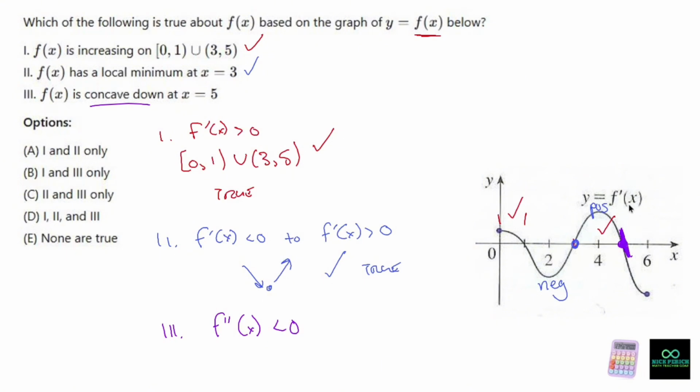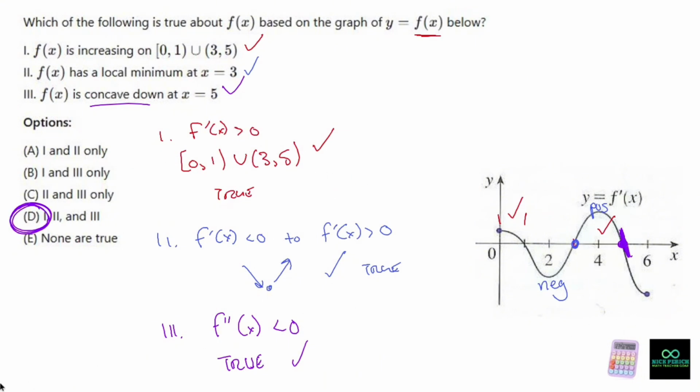So in other words, the slope of the derivative gives us the second derivative. Since the slope of the derivative is negative, that means the second derivative is less than 0. So this is also a true statement. All 3 of these ended up being true statements, which means the answer is D.